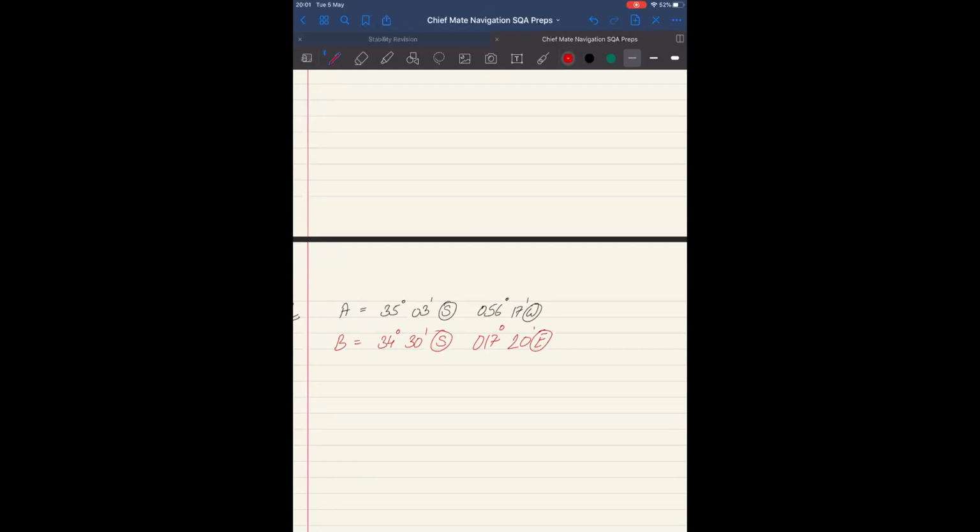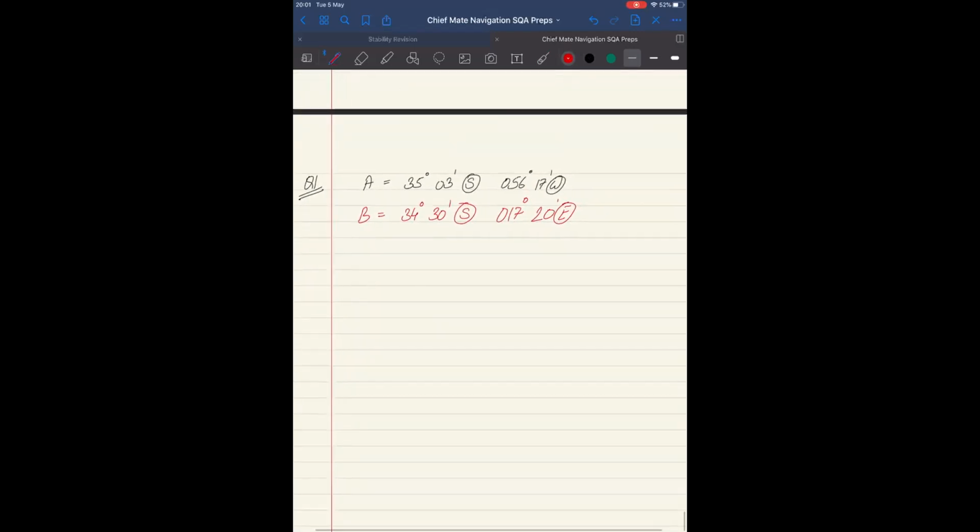Now we will draw the diagram for this problem. We are going from A to B. Now we can clearly see that we are moving from approximately 35 degrees south to approximately 34 degrees south. So we are moving towards north. So if this is my A, I need to put my B position towards north.